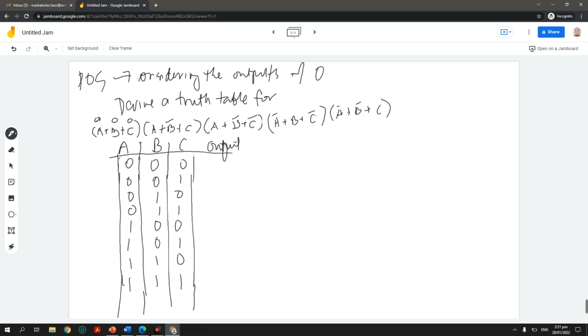So this one is 0, 1, 0. This is 0, 1, 1, and this is 1, 0, 1, and this is 1, 1, 0.